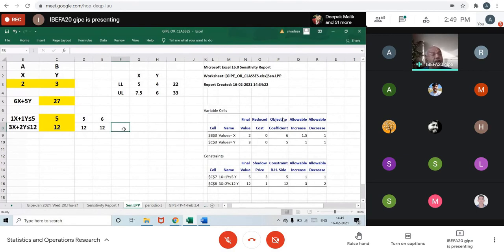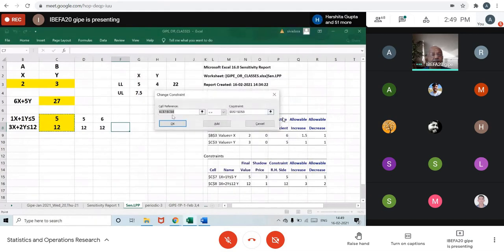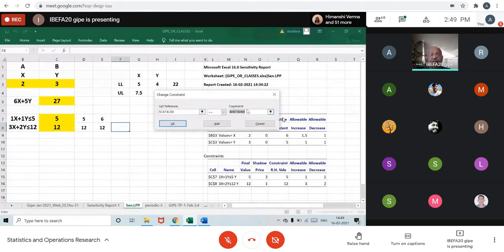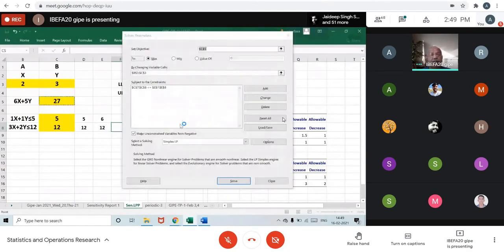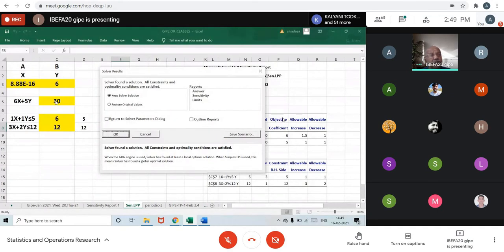Let us see what will be the answer we are getting by our solver. How much we got? 33 increase.